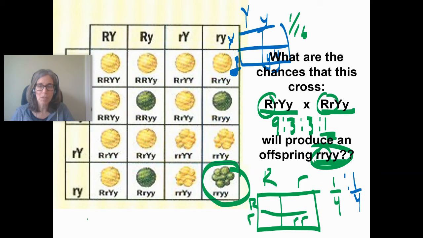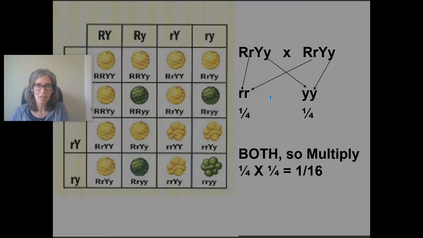The product rule says that you multiply those. So 1 times 1 is 1, 4 times 4 is 16, and oh my gosh, you get the same probability that we had gotten before. Coolio, right?